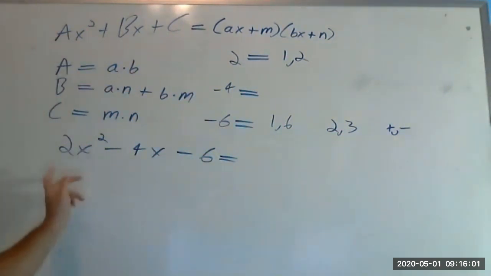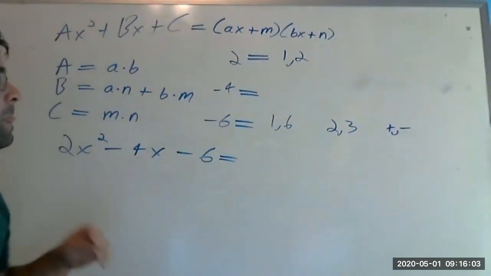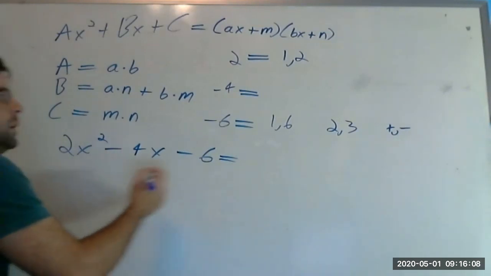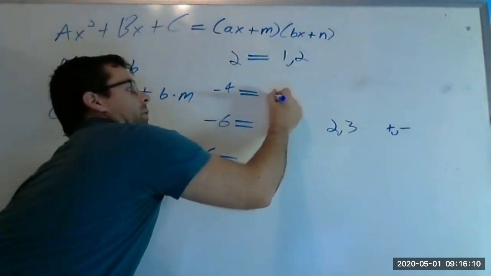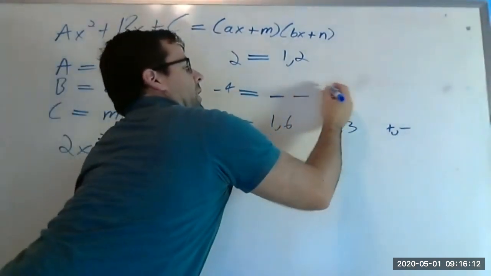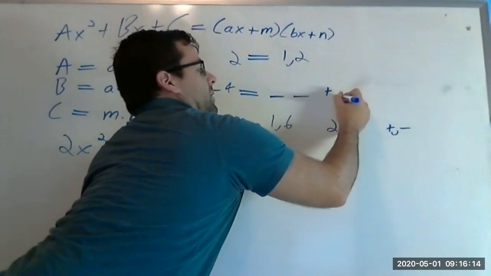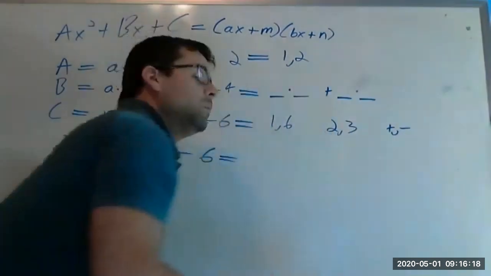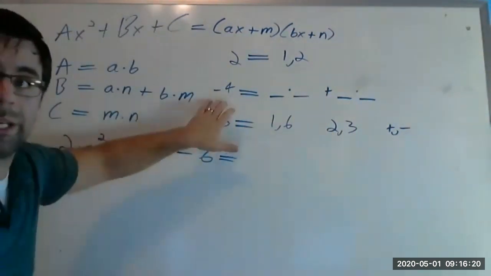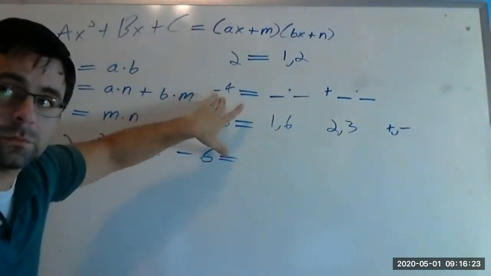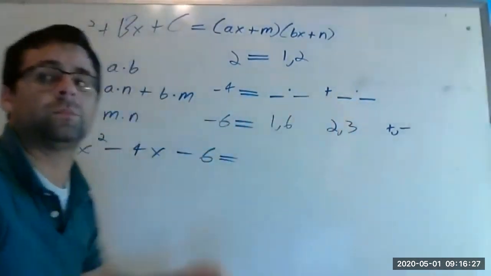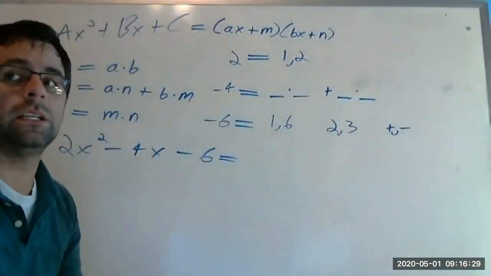Okay, so now we have to fit them together down here. So -4 is going to be something times something plus something times something. Because this is negative, the bigger of these two things is going to be negative.